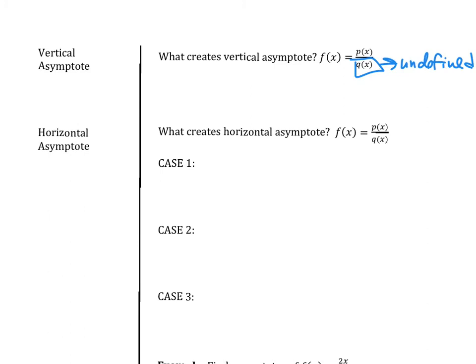The first is when the degree of p of x is the same as q of x. If you don't recall degree, take something like 2x squared plus 1 over 3x squared minus 2. Then the degree, that highest exponent, is the same.